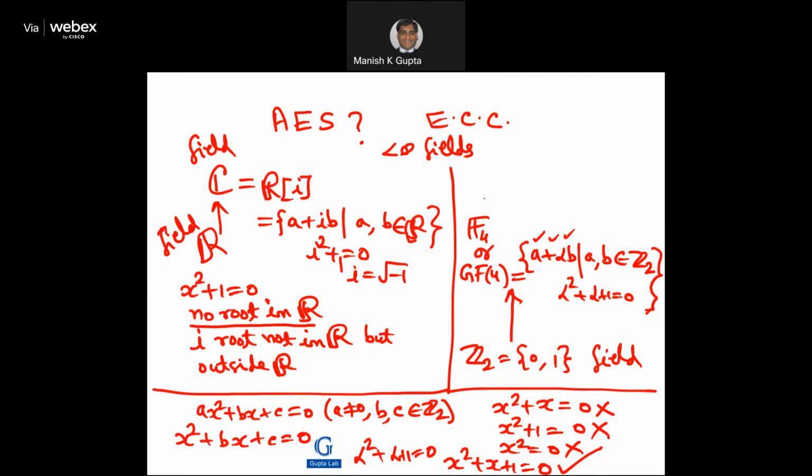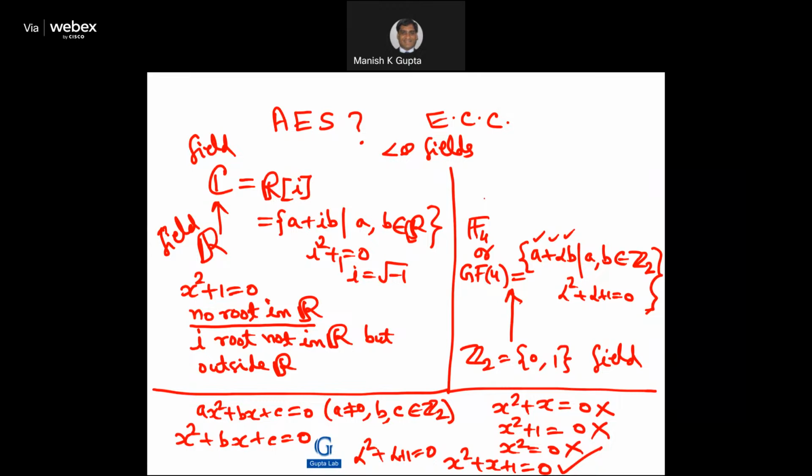I'm checking x square plus x equal to 0. Will it be an irreducible polynomial? No, because 0 and 1 are both roots here. X square plus 1 is equal to 0 is also not working because x equal to 1 is a solution. X square is equal to 0 is also not working because x equal to 0 is a solution. So the only polynomial left is x square plus x plus 1 is equal to 0.